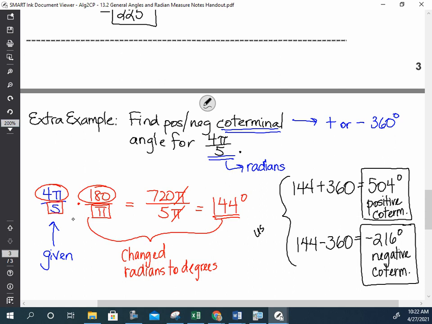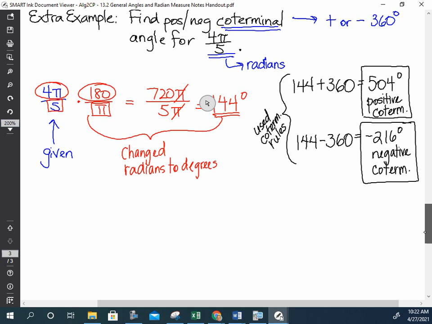So it's a problem that puts it all together. Of course, if we wanted to graph it, we can always graph it. 144 degrees.